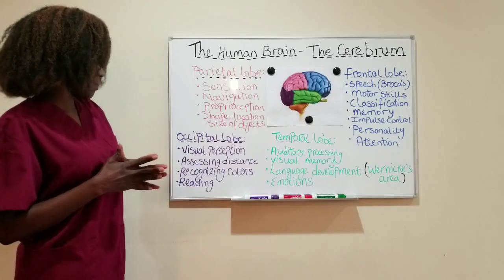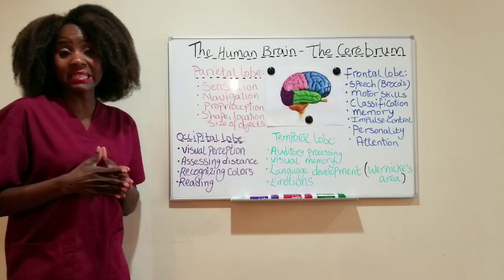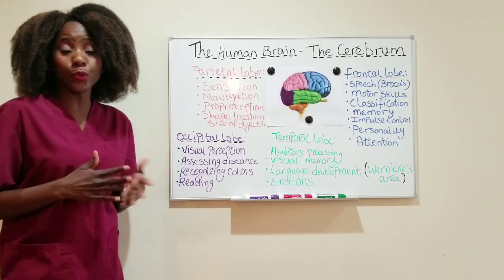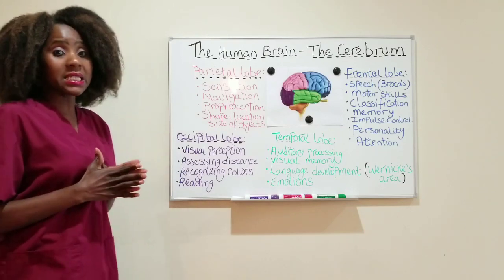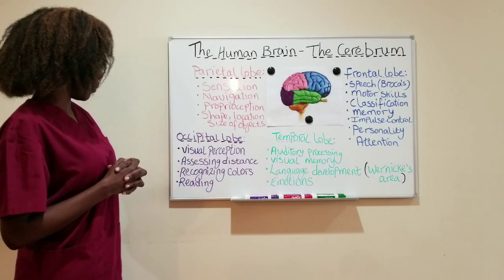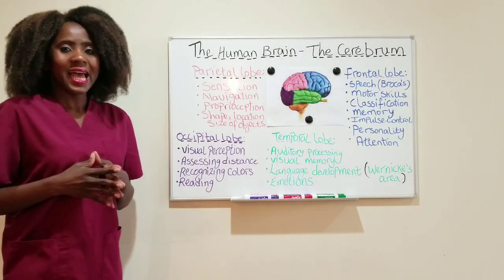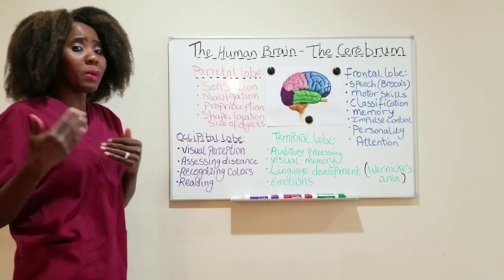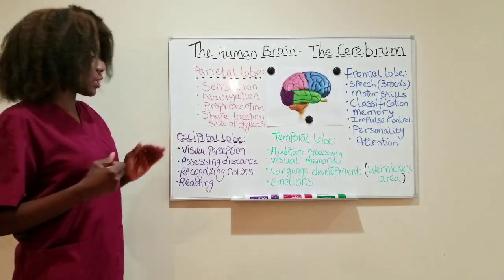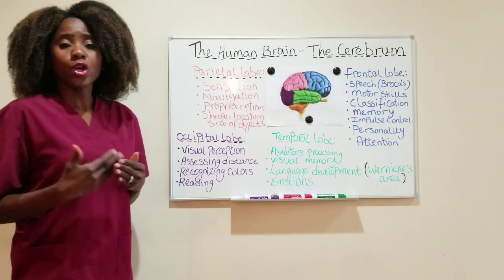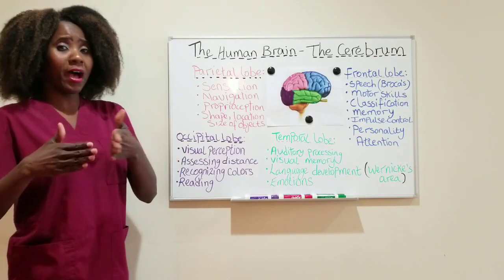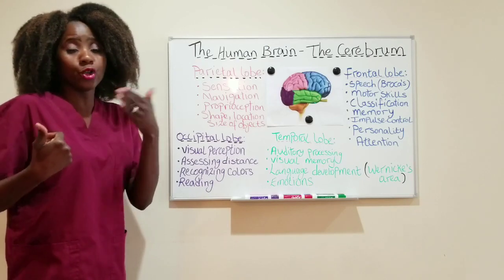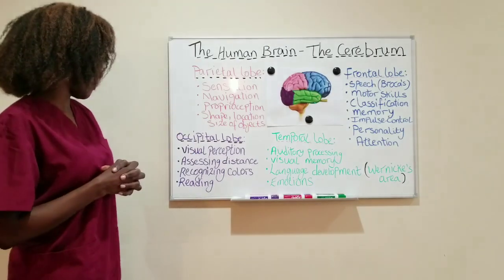It is also responsible for recognizing colors, so your ability to differentiate among colors, blue, green, red, yellow, is a function of the occipital lobe. It also helps us in assessing distance. So for instance, those of you that drive, let's say you're backing out of your driveway, the occipital lobe will be responsible for helping you to assess how far your car is from the driveway, if you should back up some more, if you should go forward, those type of things.